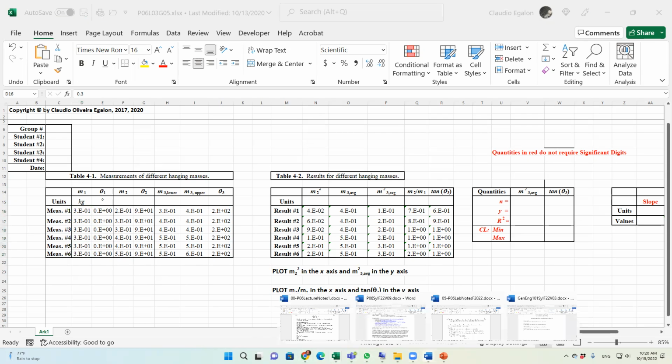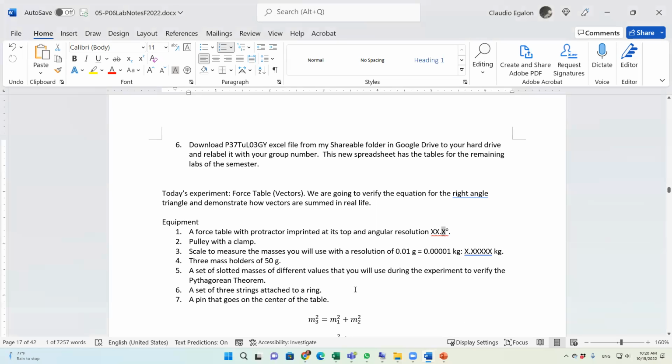Let's go here. Syllabus, lecture notes, lab notes, right? So equipment: force table with protractor imprint on its top, resolution xx.x degrees. Pulley is a clamp. Scale to measure the masses you use with a resolution of 0.01 grams. That's the resolution in kilograms, and that's how it's 300. Remember, mass 1 is 300 grams.